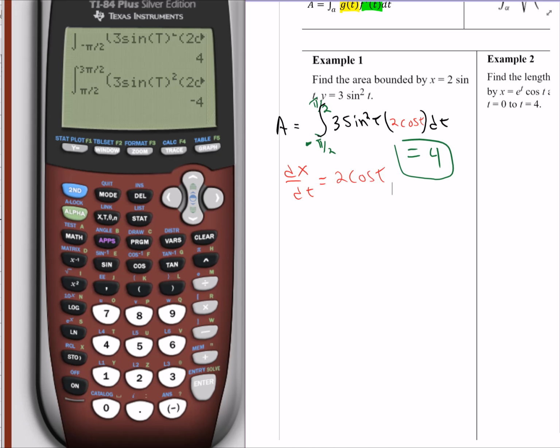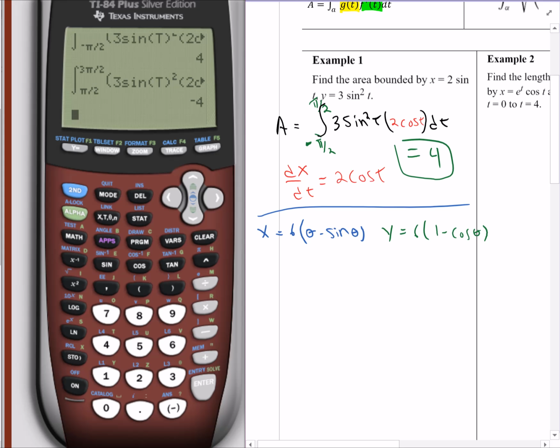Maybe since that was kind of short, let's do another example that's similar to this. Let's say x is defined as 6 times theta minus sine theta, and let's say y is defined as 6 times 1 minus cosine theta.